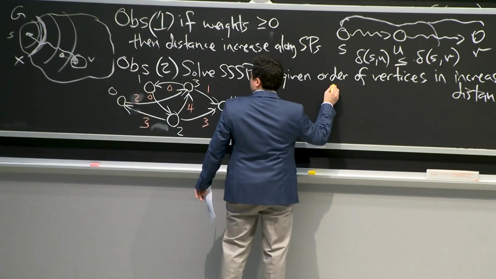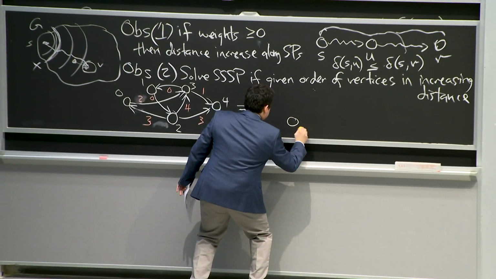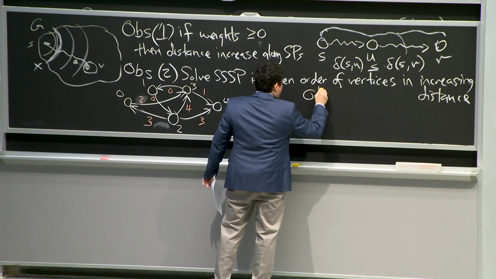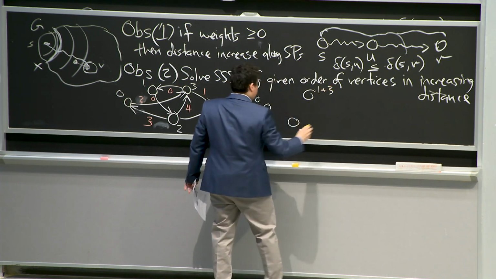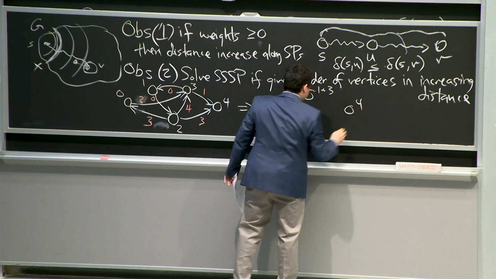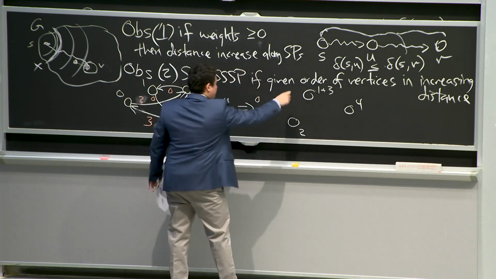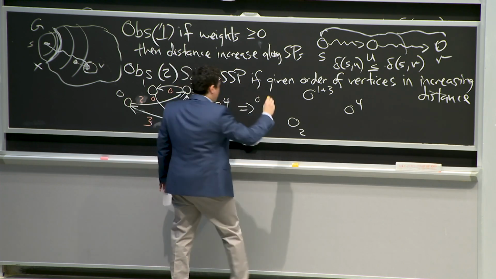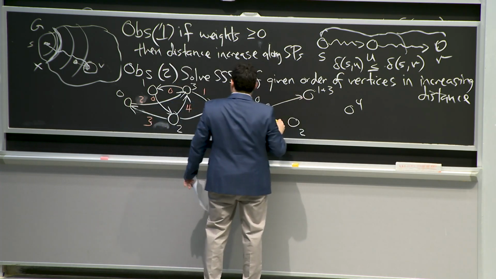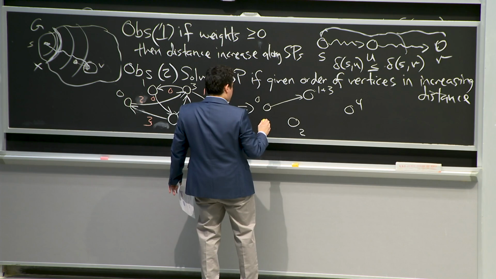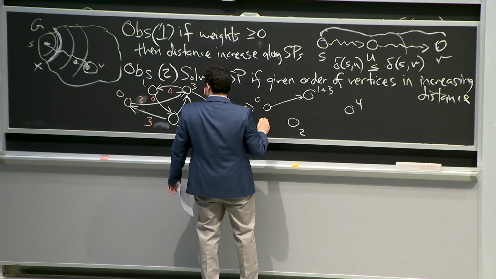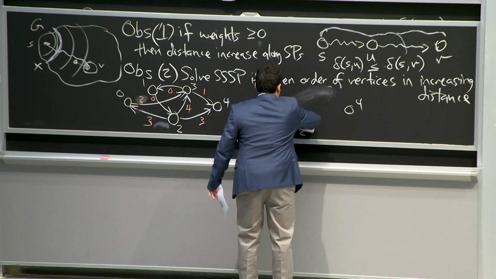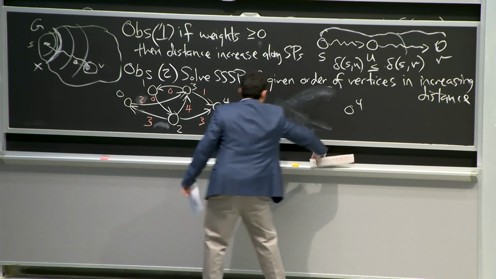Okay, so I'm going to transform this graph into a new graph. This is a graph that contains vertex 2 and vertex 0, vertex 1 and 3 here, and vertex 4. Okay, now we have, and I'm only going to keep edges going forward in the I'm going to need to collapse this entire section, right?